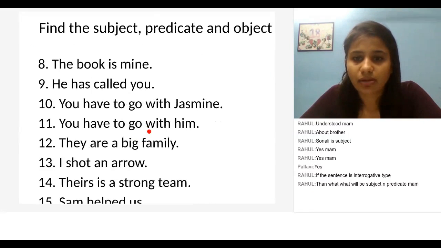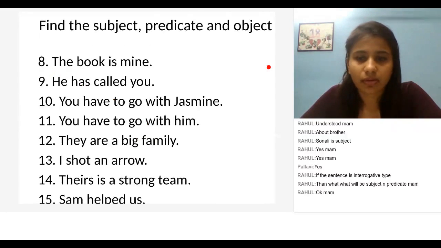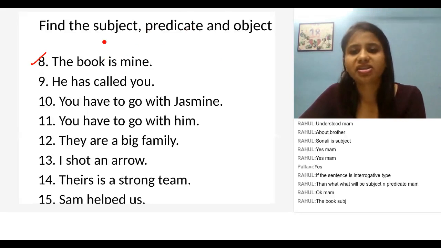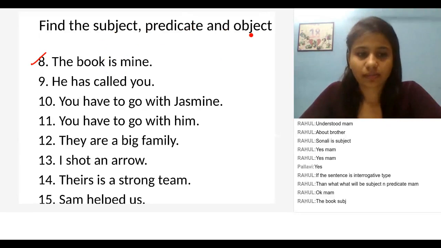So now tell me the subject, predicate, and object in the eighth sentence. You all don't have to tell me the predicate, just tell me the subject and the object.